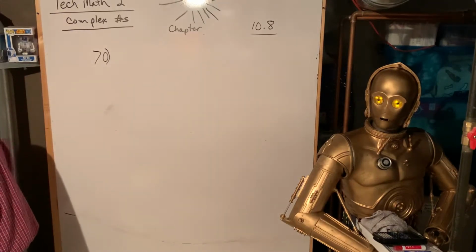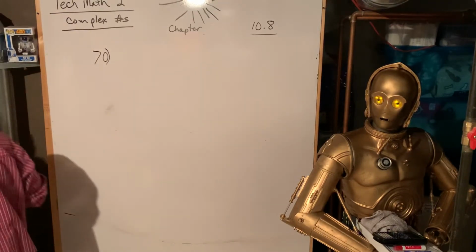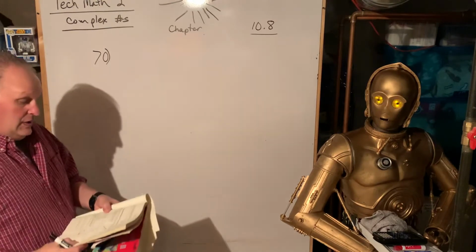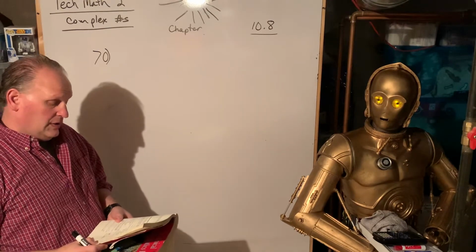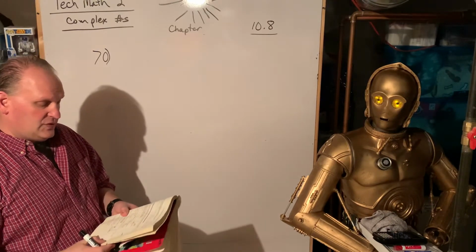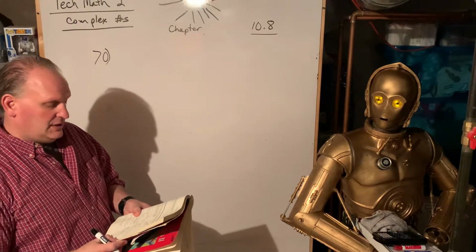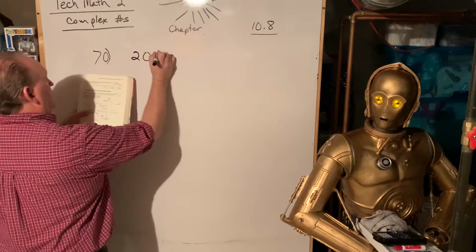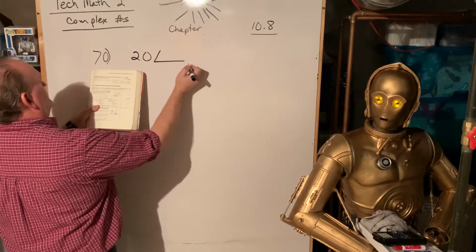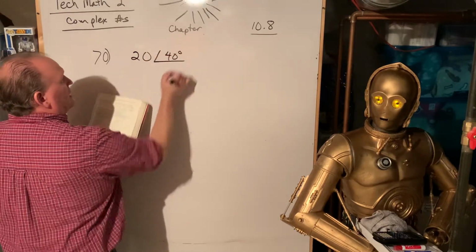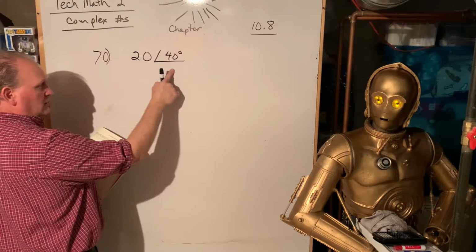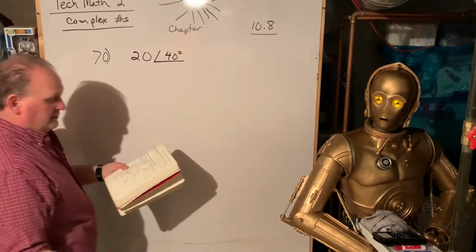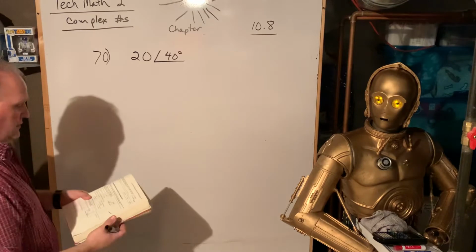All right, rectangular form of 20 angle 40 degrees. So this is polar, but they want the rectangular. They want me to find the rectangular form of those.